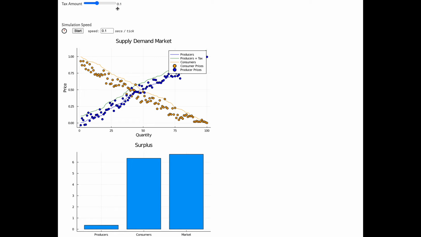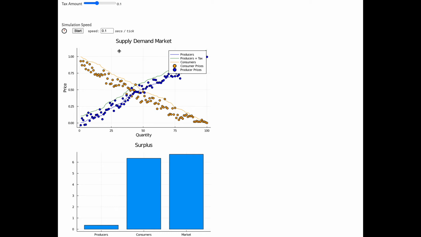Now they have to pay a tax of 0.1, so they actually need 0.35, so that they can go to the government, pay the 0.1 tax, and then take home the 0.25 amount. Whereas before they could just directly take 0.25 and satisfy the requirement. So that's why this green line is a shifted version of the blue line, and it now represents the ability of the producers after the imposition of the tax.